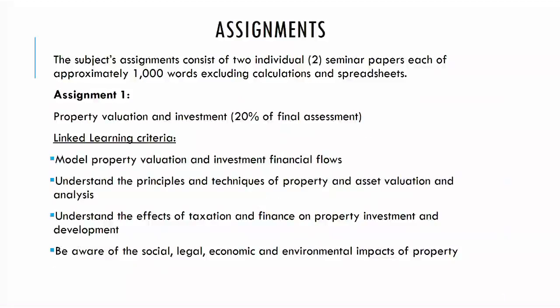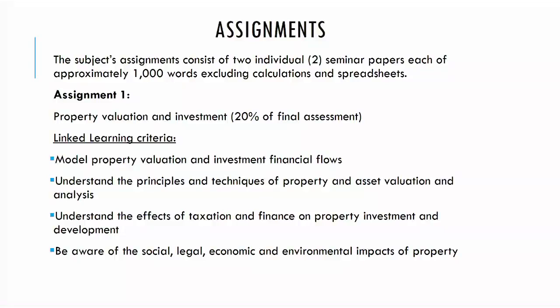All right. This subject's assignments consist of 2 individual seminar papers, each of approximately 1,000 words. I know you are very good at writing, but writing within the given word limit is very important.